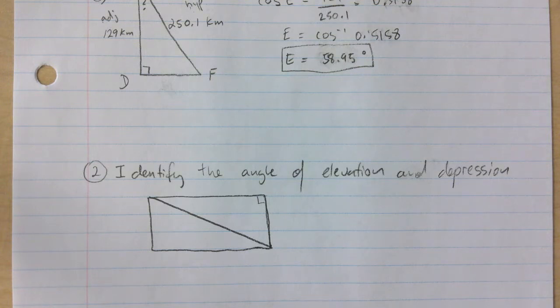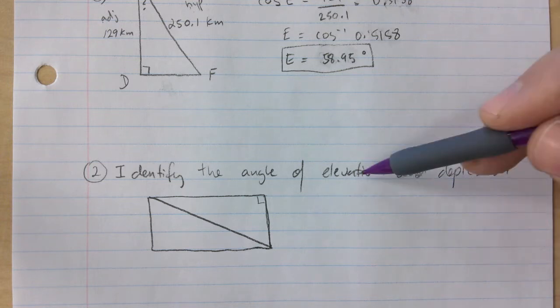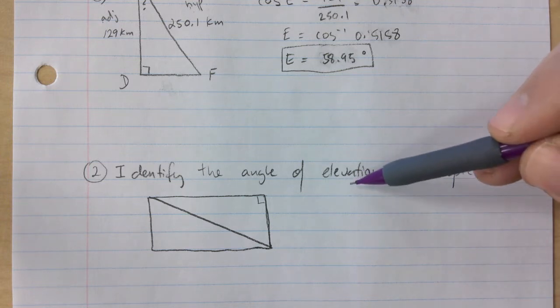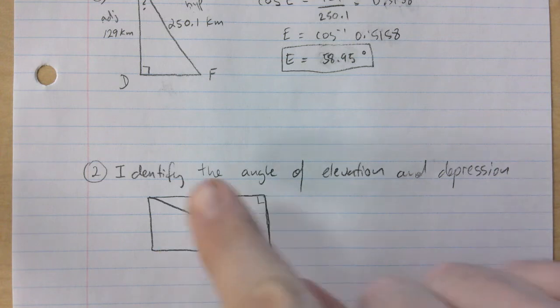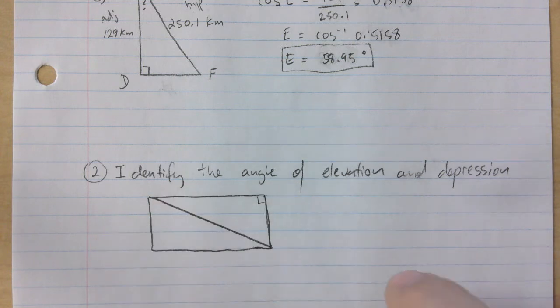So you can just go elevation and make an arrow go where the angle of elevation is supposed to go, and depression, and make an arrow go towards the angle of depression. You can actually just use these two and just use an arrow from that and then point it in the right direction. Use a pencil unless you're quite confident. So this is basically just a rectangle with a diagonal across.